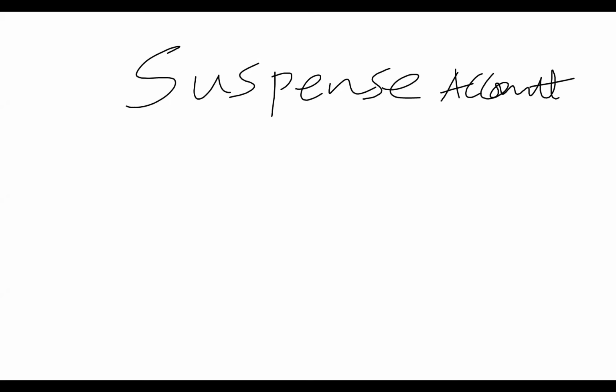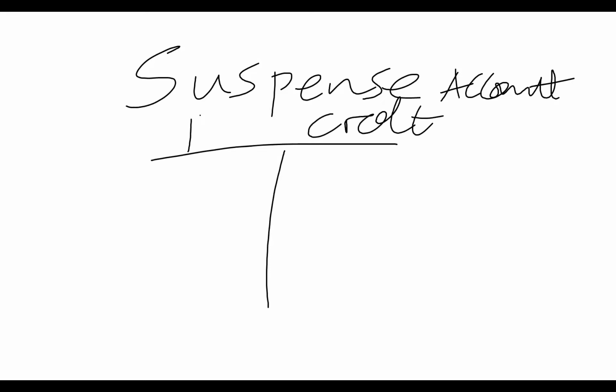Now, let me show you what happens. Look at the errors. There are some errors that affect the agreement of the trial balance. You find that the credit side and the debit side of the trial balance are not balancing.